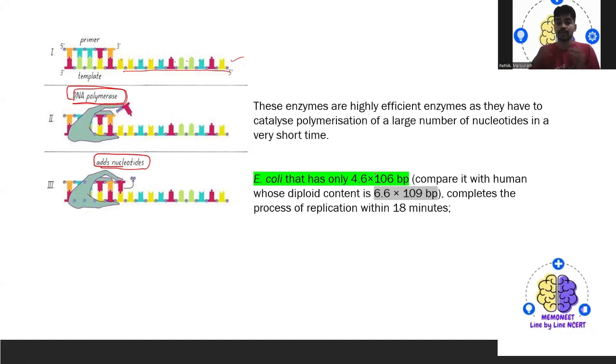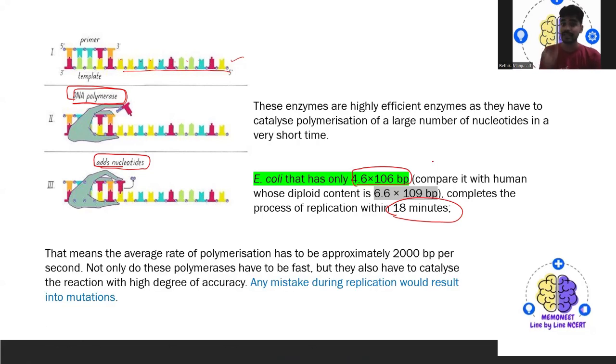E. coli completes the process of replication within 18 minutes with this number of base pairs. That means the average rate of polymerization has to be approximately 2000 base pairs per second.